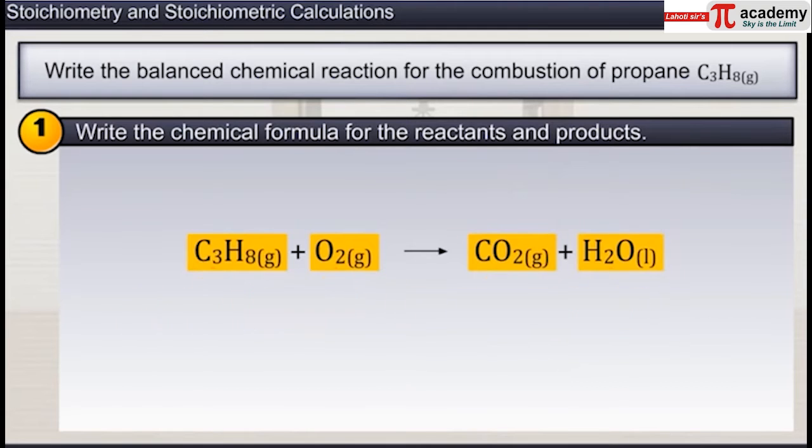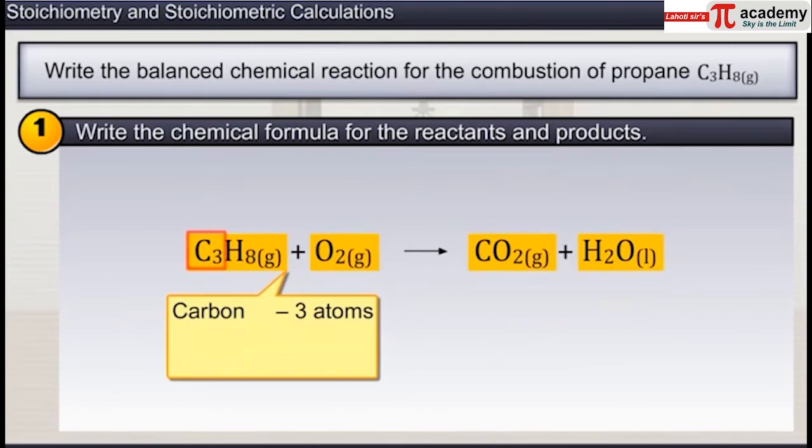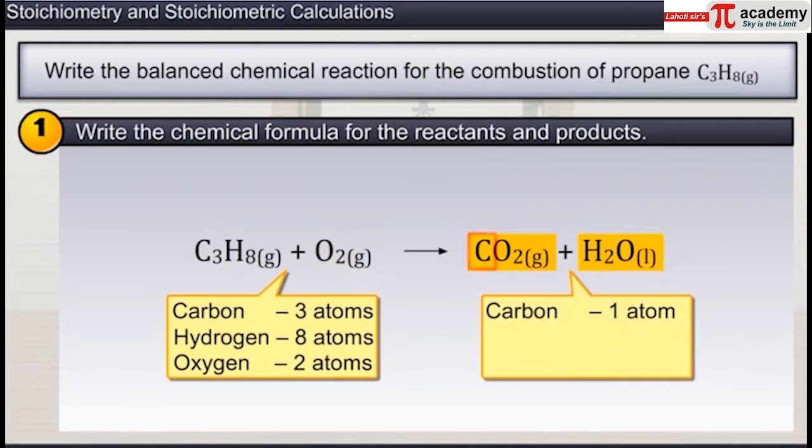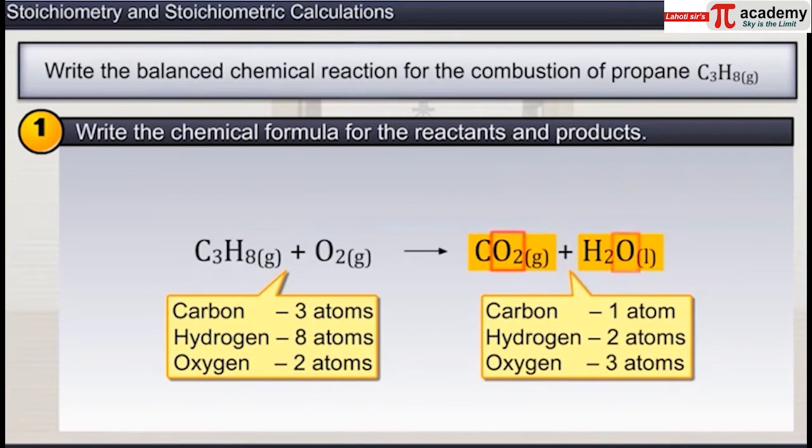Note that there are 3 carbon atoms, 8 hydrogen atoms and 2 oxygen atoms on the left side, while there is 1 carbon atom, 2 hydrogen atoms and 3 oxygen atoms on the right side.